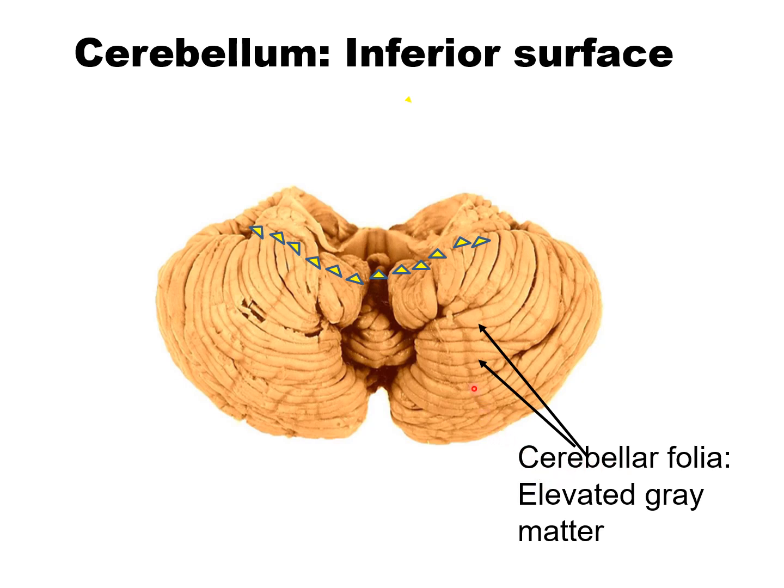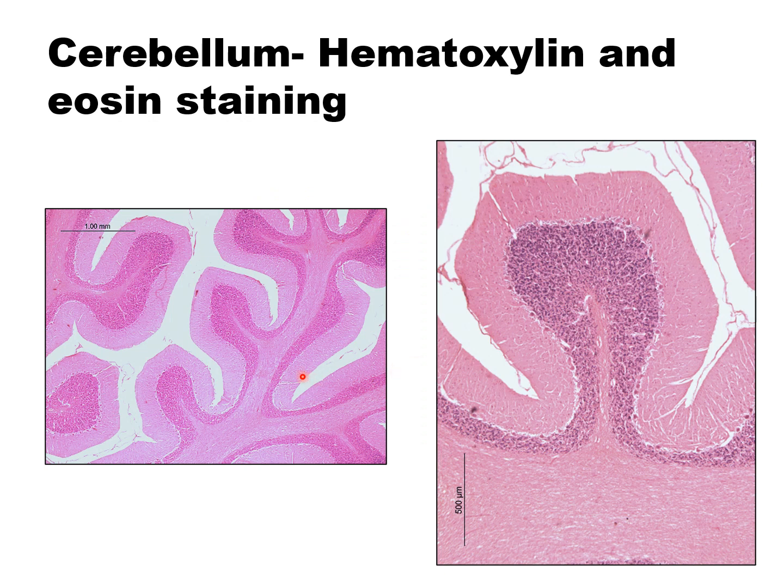So cerebellum also has gray matter and white matter, and a section of cerebellum shows the individual folia, and outside one can see the different layers of the cerebellum. There are darker areas and lighter areas. In higher magnification, one can identify the different layers.